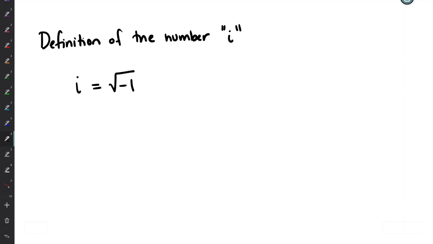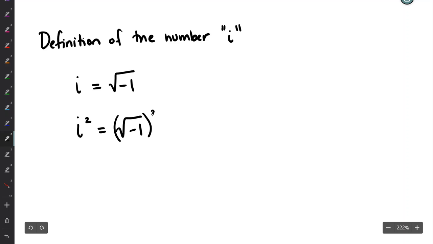It's an imaginary number. Notice that if we now square i, the square root of minus 1 squared is the square root of minus 1 times itself, which is just minus 1.